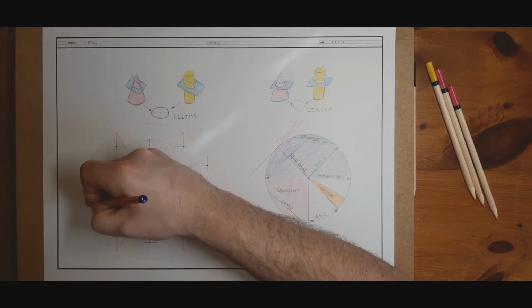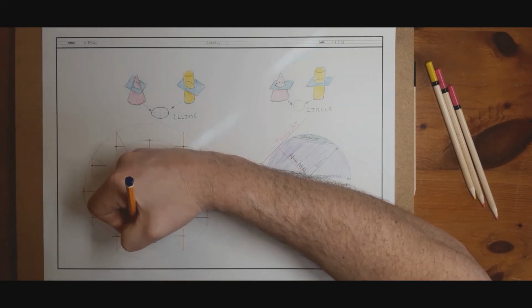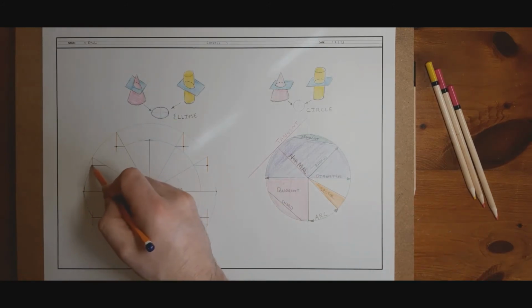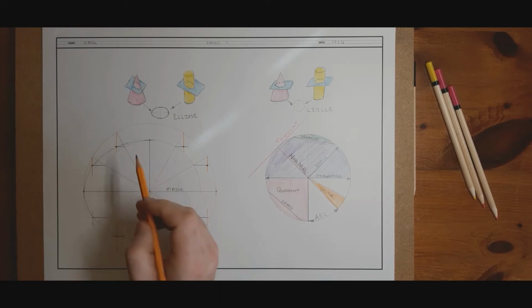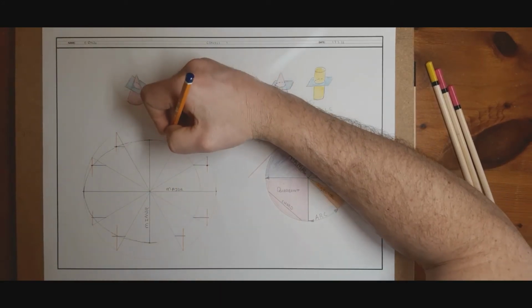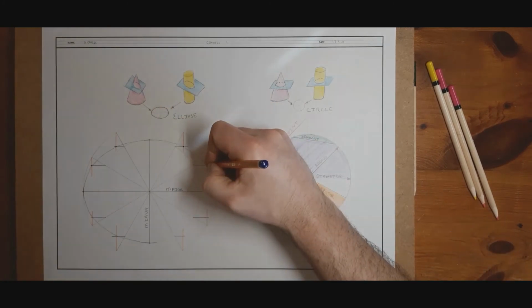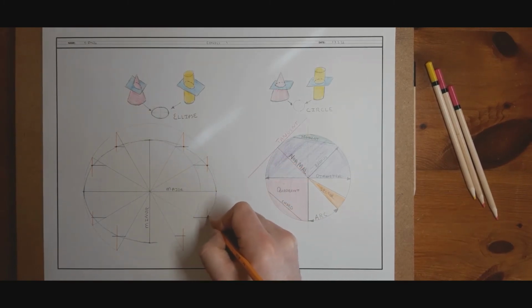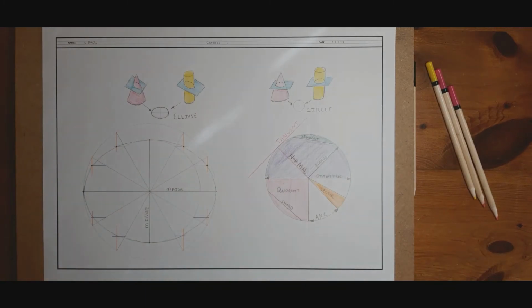Just start extending it out, and you've got to hit those points and do it lightly first until you're happy with it. And when you're happy, then you can go over the outline heavier. So that looks pretty good.